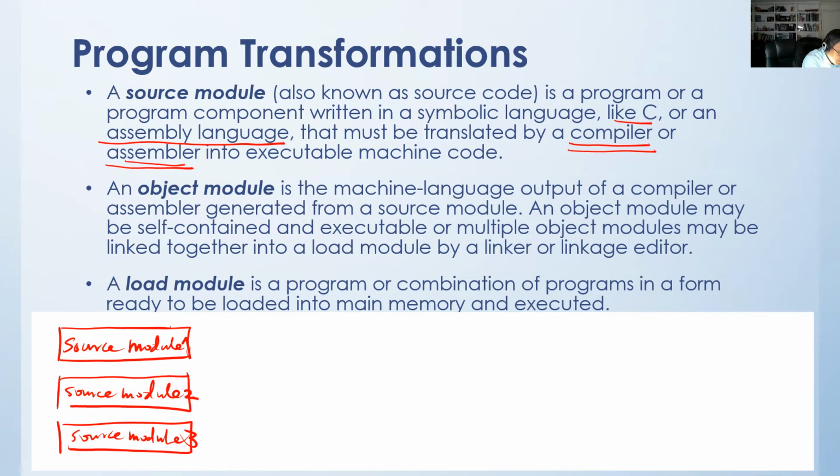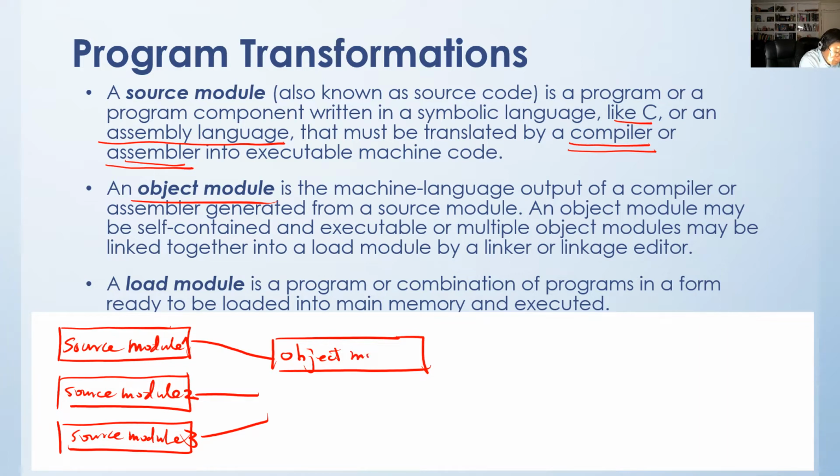Each of the source modules is translated into the next one called the object module. Now an object module is actually machine code. Object module 2, these are machine code.